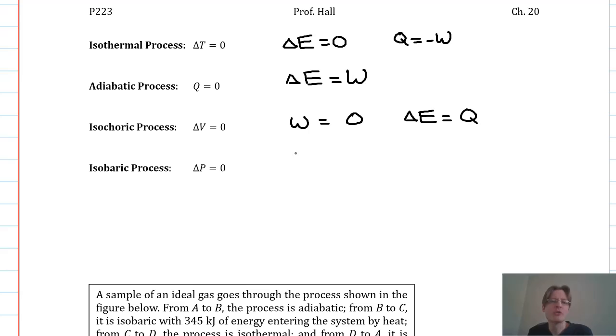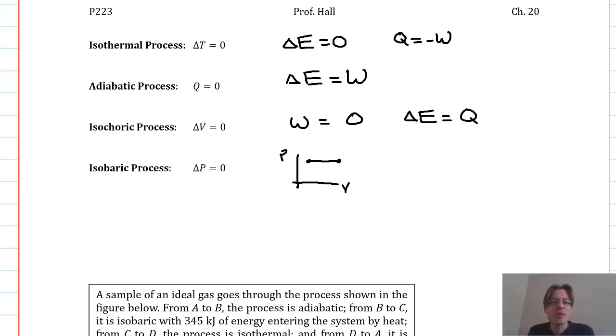Let's look at a drawing of what these look like in a PV diagram. The isobaric one is simple. In a PV diagram, it's just a horizontal line. Delta P is equal to 0 means the pressure stays constant as it evolves from one state to the next.